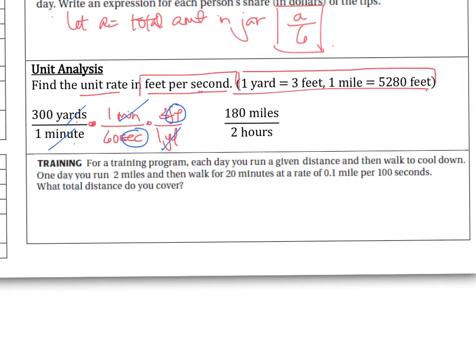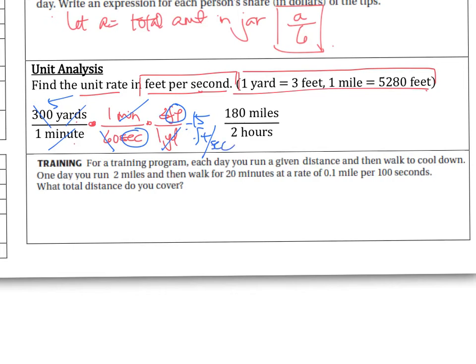Okay, and then now I'm going to simplify. So 300 divided by 60 is 5. So then you have 5 times 3, 15 feet per second.